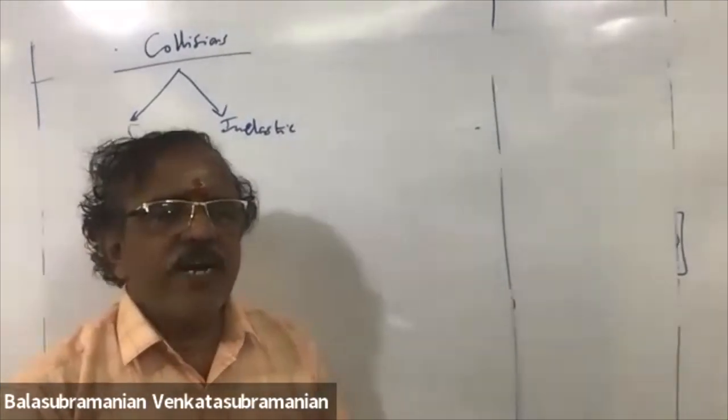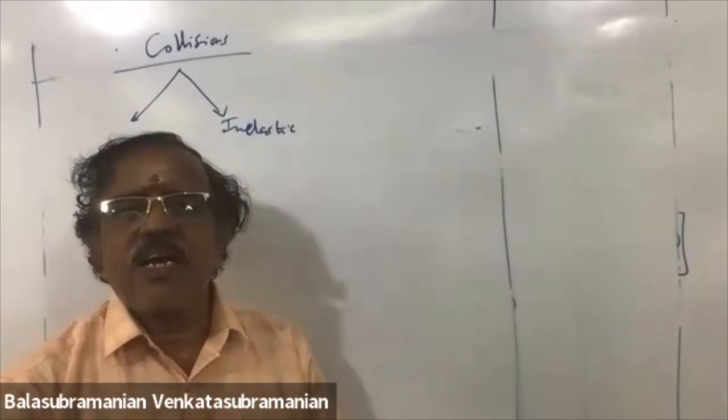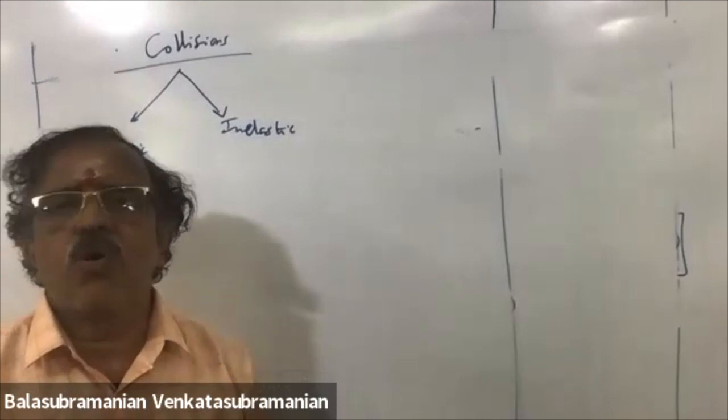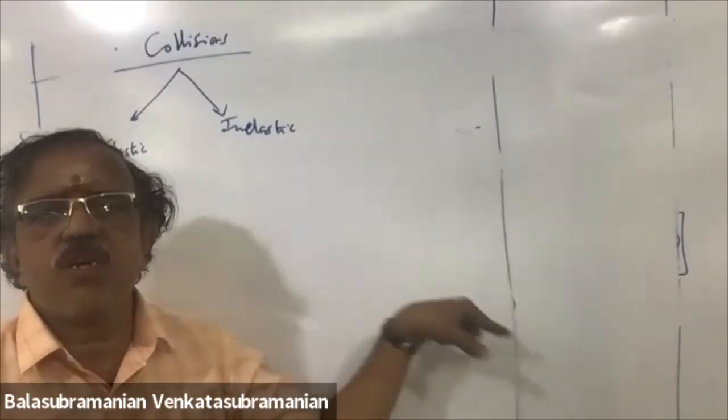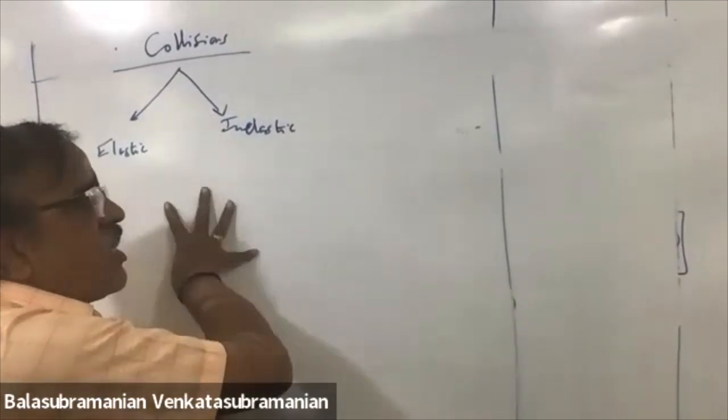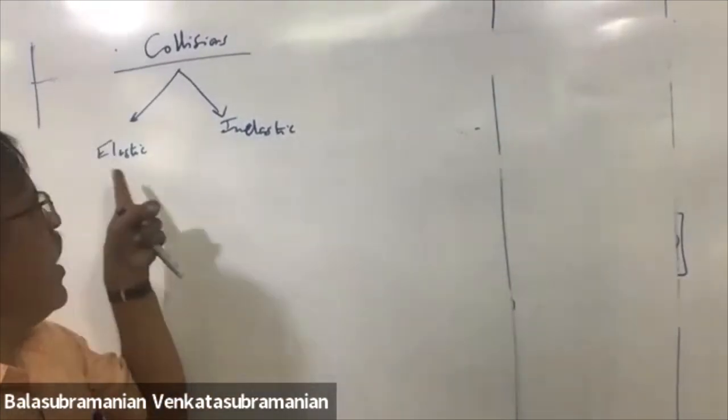In elastic collisions, momentum and kinetic energy both are conserved. Total momentum before collision is equal to total momentum after collision. Total kinetic energy before collision equals total kinetic energy after collision. You can write this for elastic.